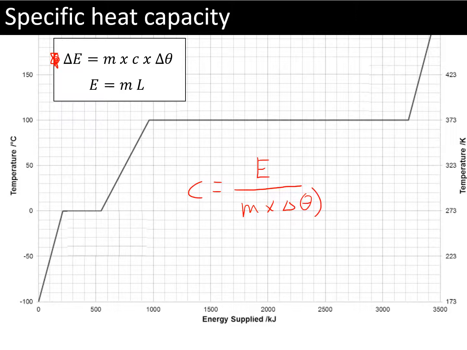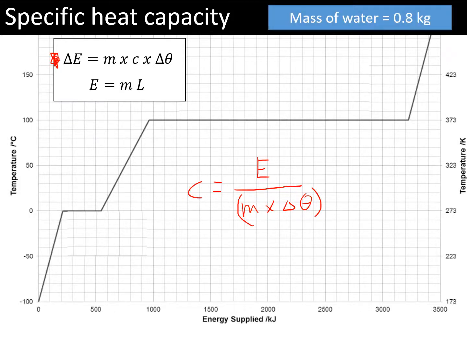Now, it's handy to write the brackets on here because sometimes you can divide E by M and multiply that by the change in temperature. So make sure that bottom is in brackets if you're putting it in your calculator. Now, the mass, and this is just a random number, we're going to use 0.8 kilograms. So remember the energy is in kilojoules here, so therefore C is equal to the change in energy.